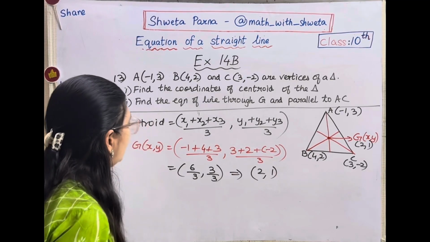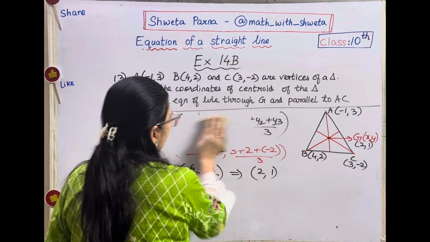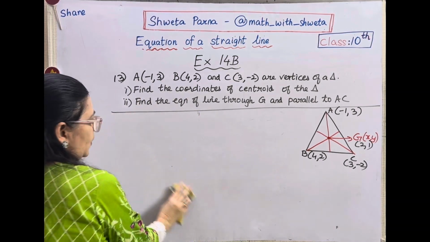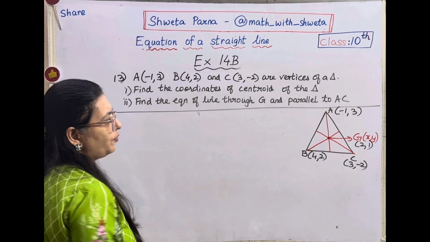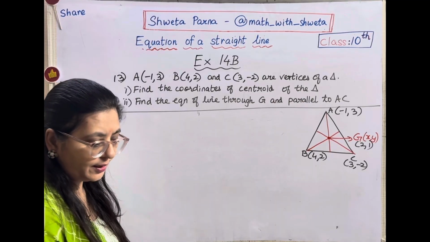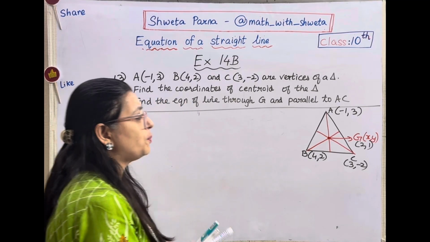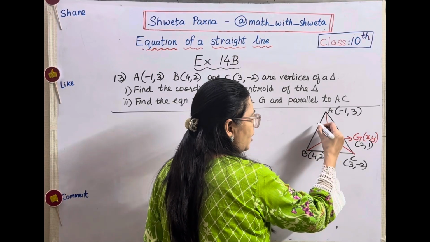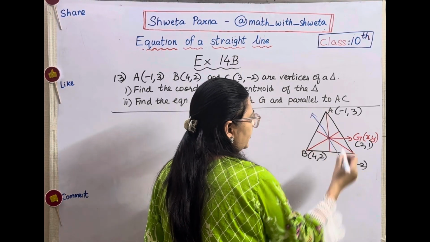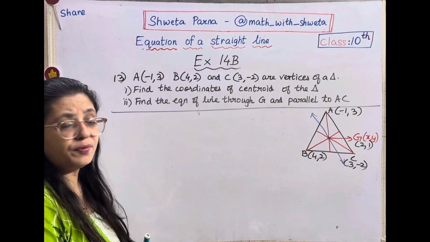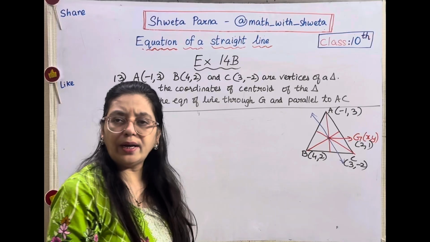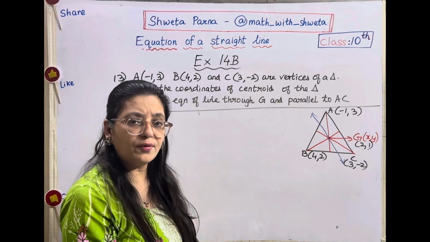Now, let's go to the next one. Find the equation of a line through G and parallel to AC. So the equation of a line which passes through G. This is G. It passes through G and it is parallel to AC. Okay, you have to find the equation of this line. Now, since it is parallel to AC, the slope you can get from AC.